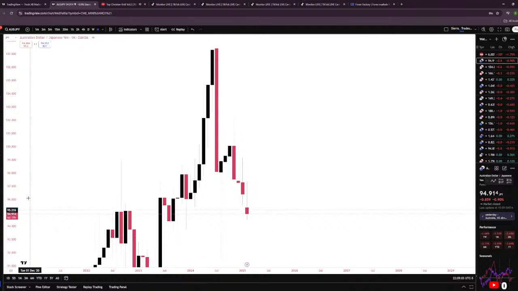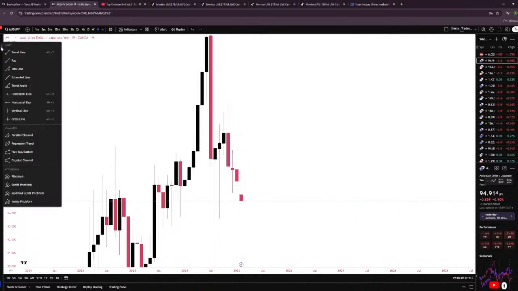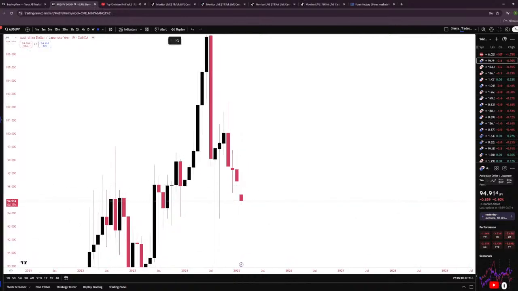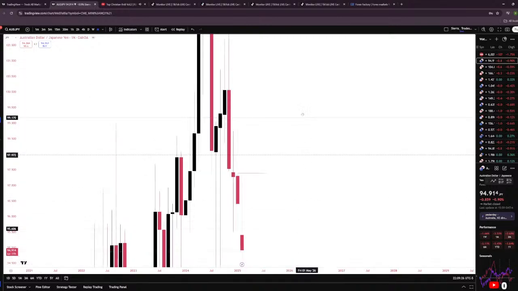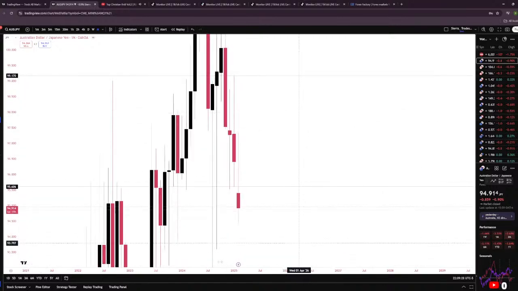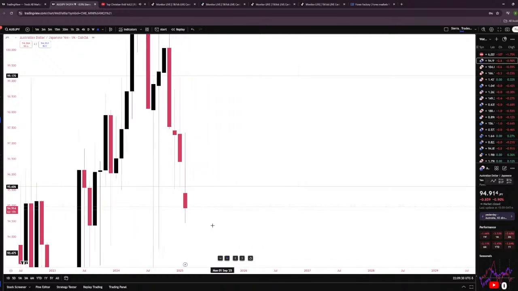So CRT monthly: last month's high, last month's low, and 50% of last month's candle. Right? Now I'm going to zoom in. Tell me if you know why I was trading the monthly.